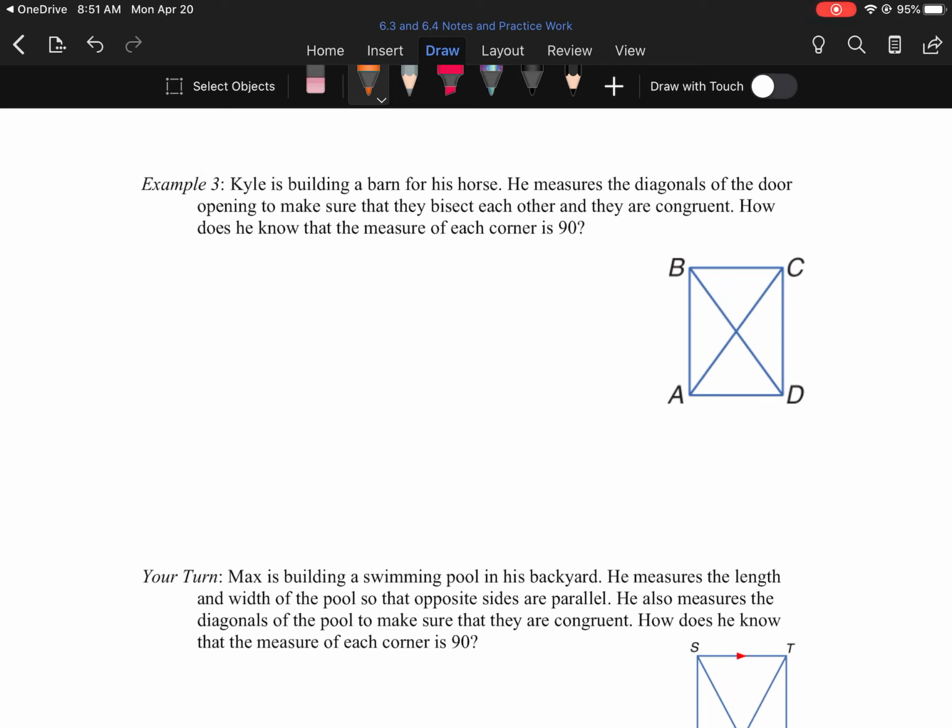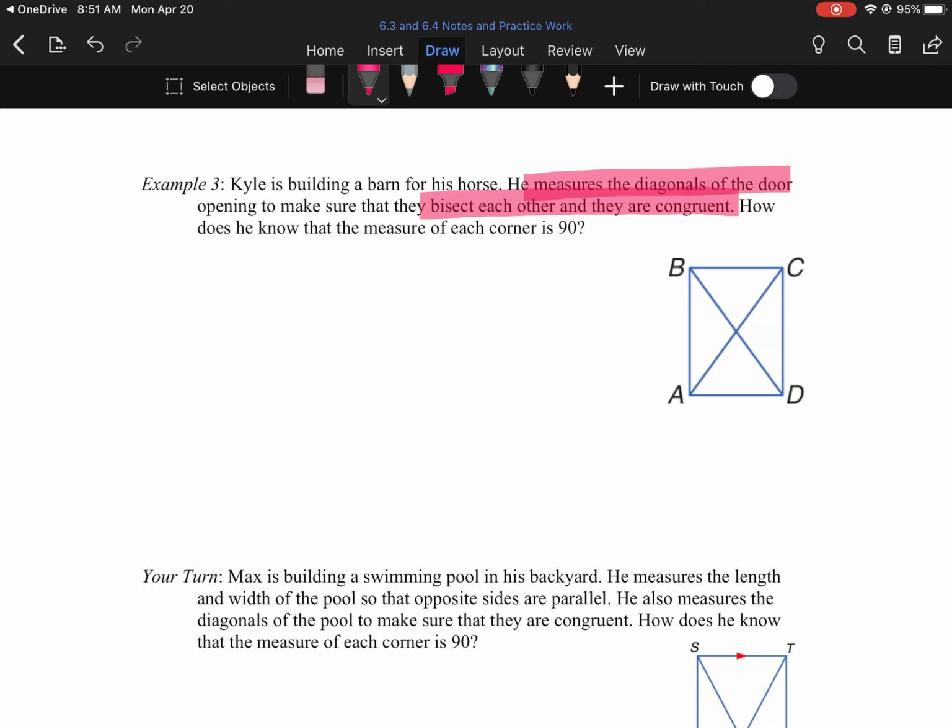How does he know that the measure of each corner is 90 degrees? So the reason for this one: he measured the diagonals of the door, and they bisect and are congruent. If they do that, then we know it's a rectangle.